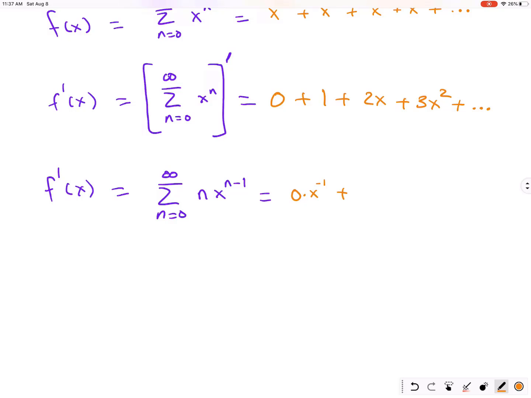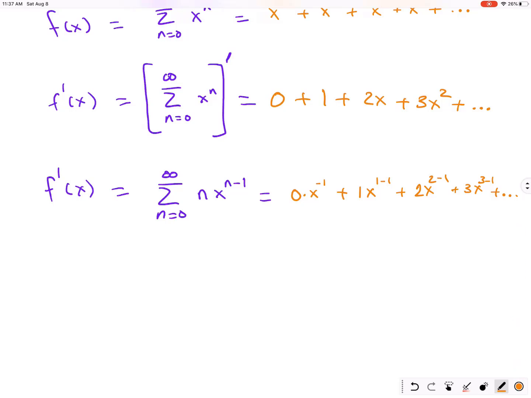Plus, when n is equal to 1, I'm going to have 1 times x raised to the 1 minus 1. And then plus, I'm going to have 2 times x raised to the 2 minus 1. And the next one will be 3 times x raised to the 3 minus 1. And that'll go on forever.